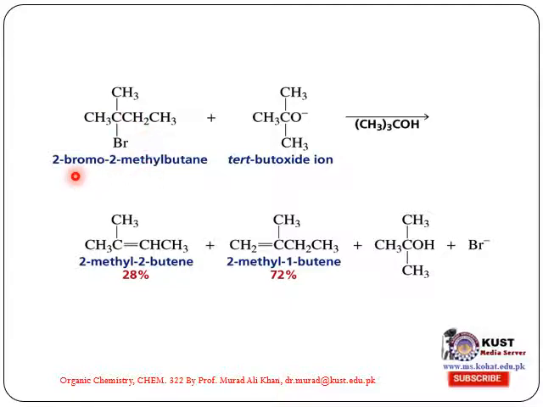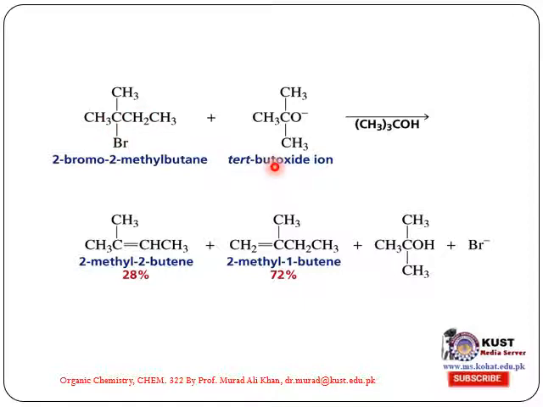Look into this example. 2-bromo-2-methylbutane. It has two beta hydrogens available, this one and this one. But here we have a very bulky base, tert-butoxide. Now, this can remove this beta hydrogen or this beta hydrogen.